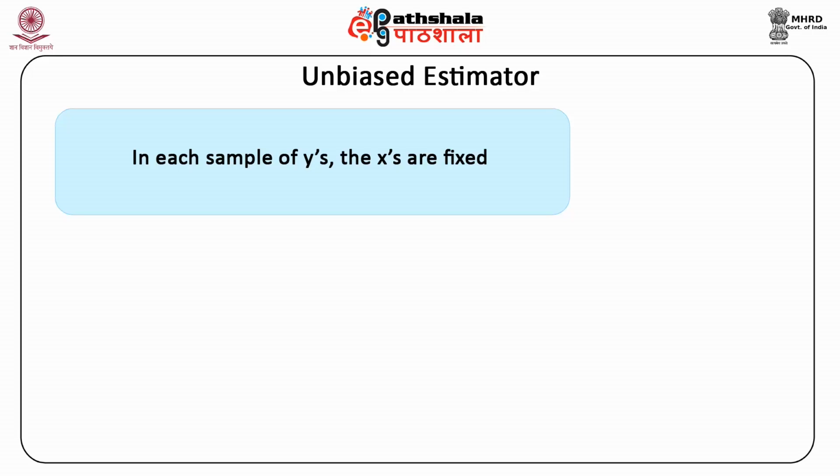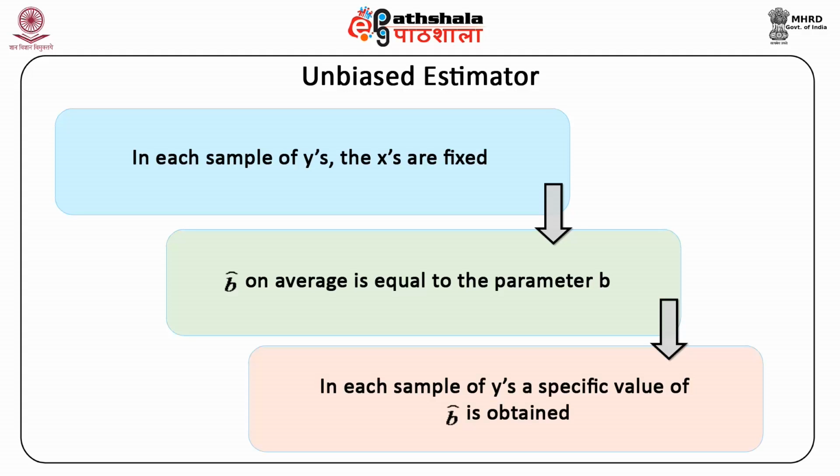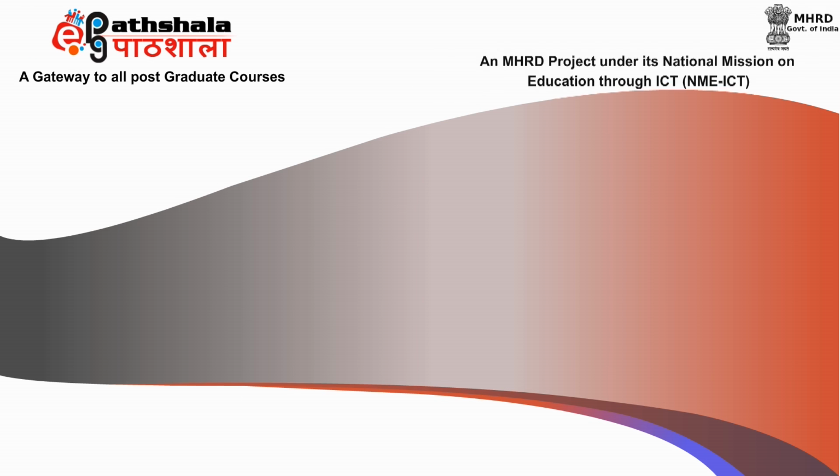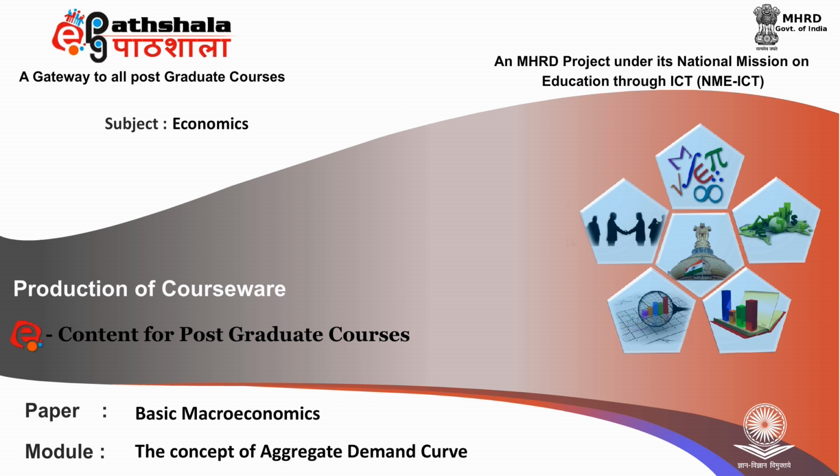B hat takes a different value, but on an average is equal to the parameter B, bearing in mind the infinite number of values B hat can take. In each sample of y's, a specific value of B hat, that is to say, an estimate of B, is obtained.